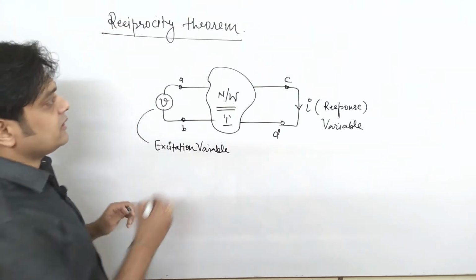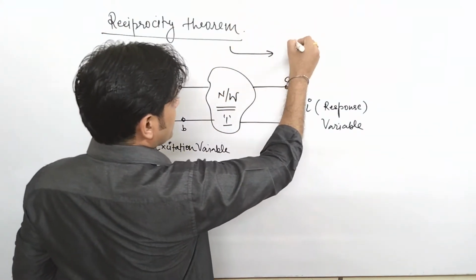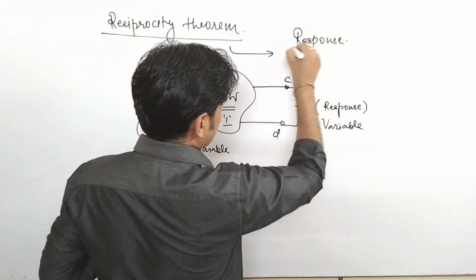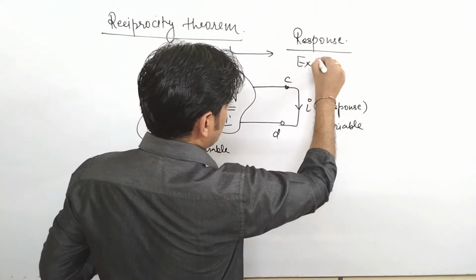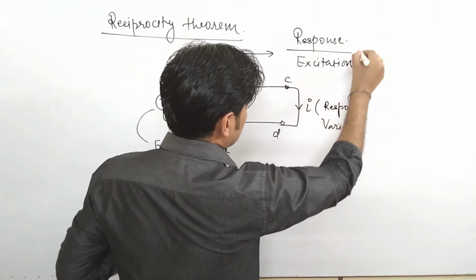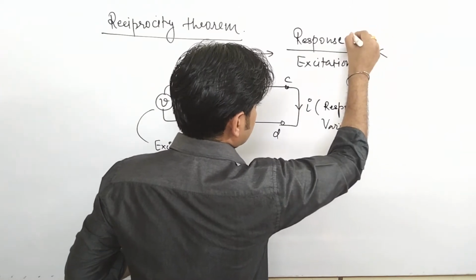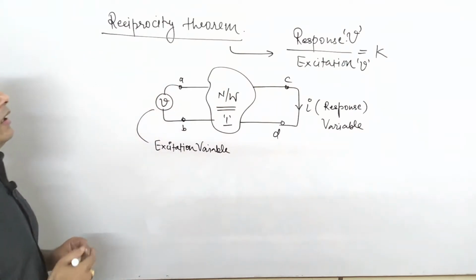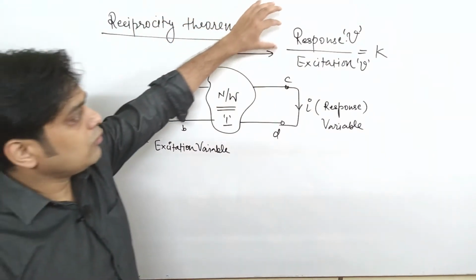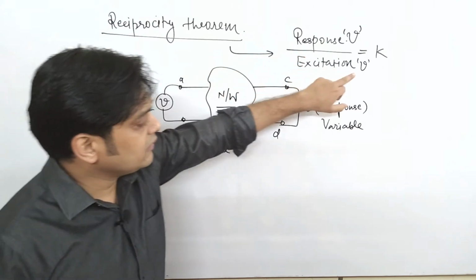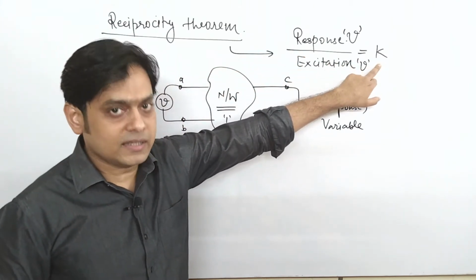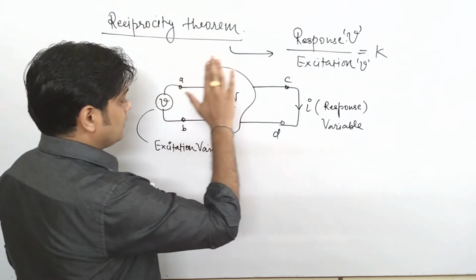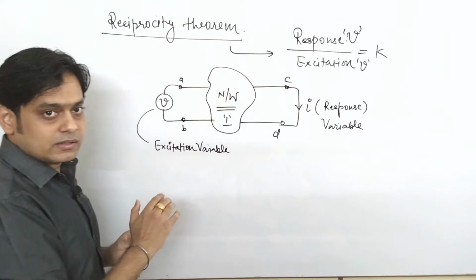So reciprocity theorem states that the ratio of response variable to the excitation variable, if found constant K, under the condition when the position of excitation and response is interchanged.